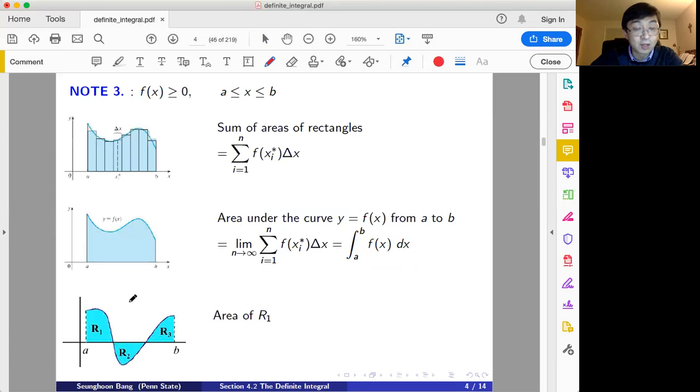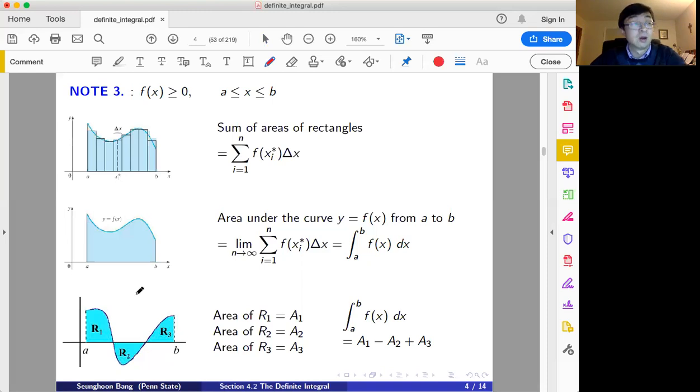The area of R1 is A1, the area of R2 is A2, and the area of R3 is A3. What is the integral from a to b of f of x dx? This is exactly A1 minus A2 plus A3. What does it mean? Where the graph of f is above the x-axis, we have positive area. Below the x-axis, we have negative area. So we call it net area. This is the geometric meaning of the definite integral.